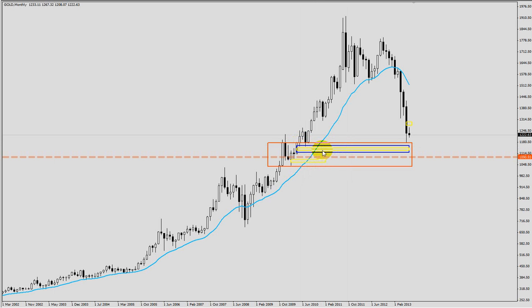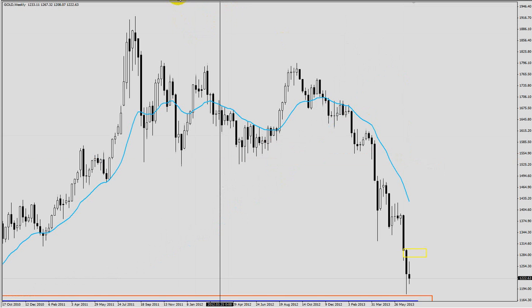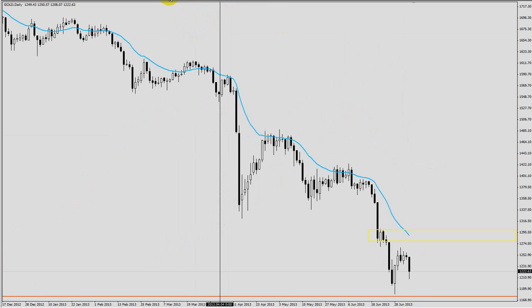The yellow represents the daily. The first one is around 1145, and the red here, 1095, represents the fresh support level on 4-hour charts. So we know where we are with supports.